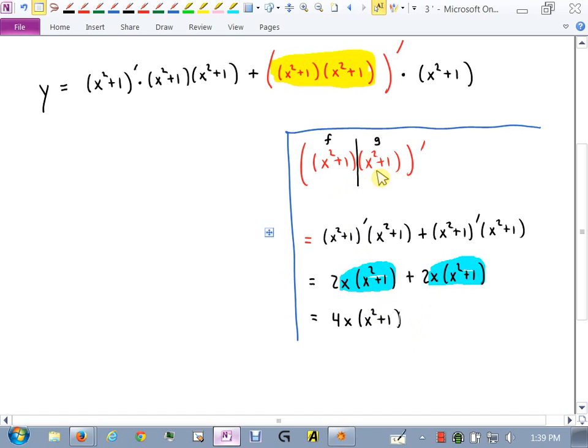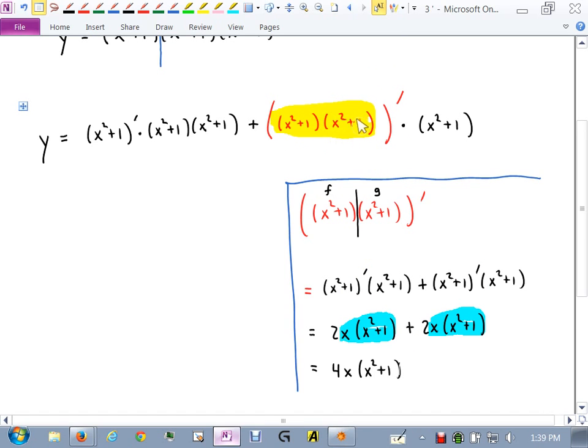Hey, look, that's the derivative of this. So that thing up here, when I come back up here and do this, that right there is going to turn into that, isn't it? So I'm ready to roll. Back up here, take my derivative right here. What do I get? 2x, and then I had x squared plus 1 times x squared plus 1 again, so squared. And then this red piece turns into this.